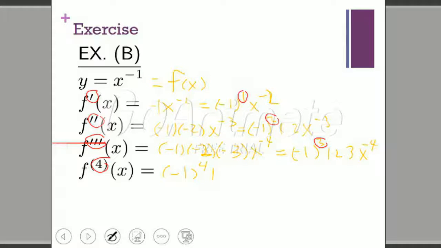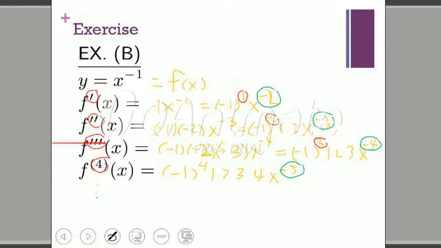And then you have 1 times 2 times 3 times 4, times x to the power minus 5. You can also see a pattern in the powers of x. First derivative, x to the power minus 2. Second derivative, x to the power minus 3. Third derivative, x to the power minus 4. Fourth derivative, x to the power minus 5.